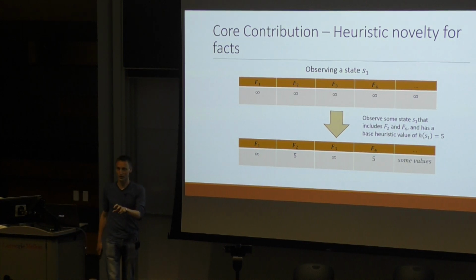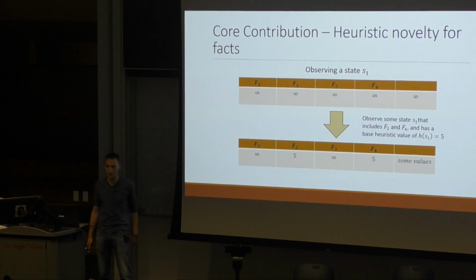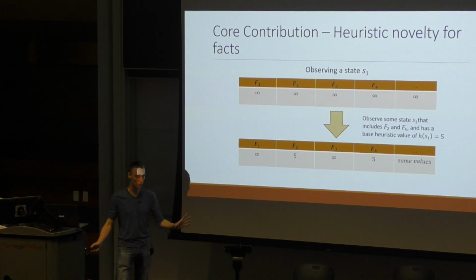So we evaluate a state S1 with a base heuristic. And for example, we get the value of 5, right? So every fact that was a part of this state S1, for example, F2 and F4, gets now a novelty score of 5. So far, so good?